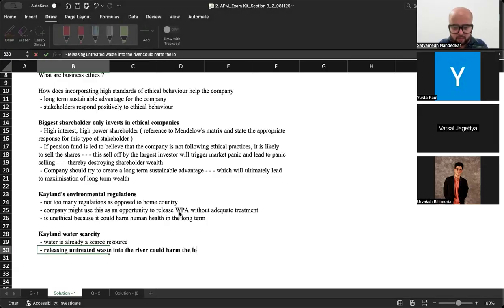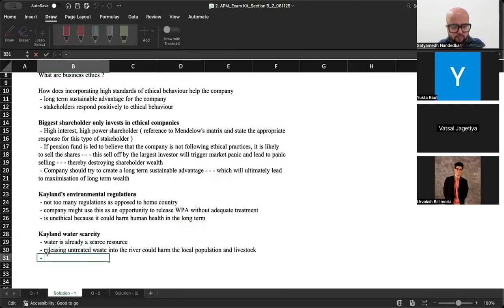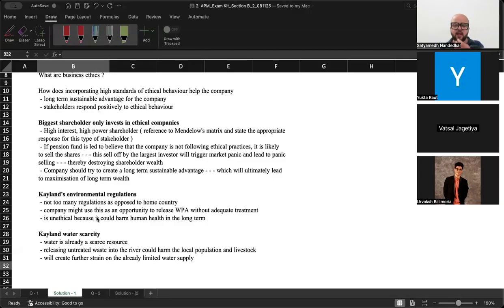Could harm the local population and livestock, and will create further strain on the already limited water supply.